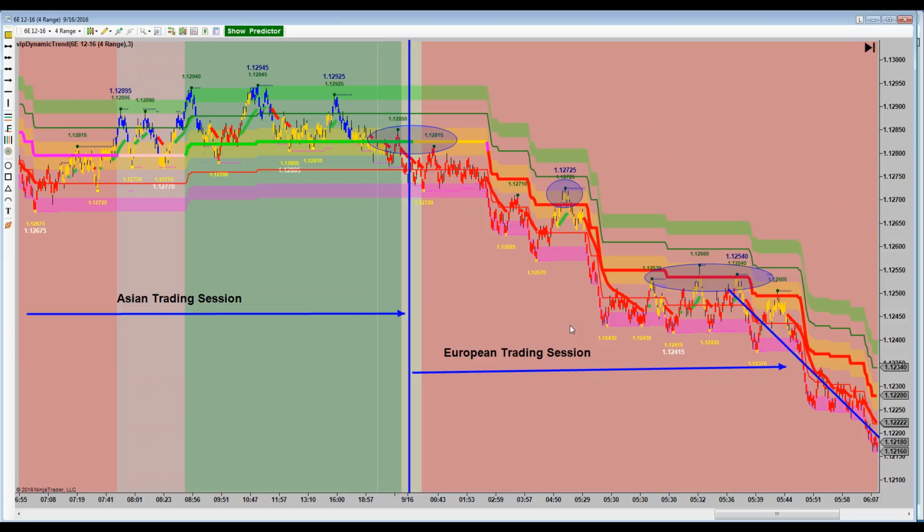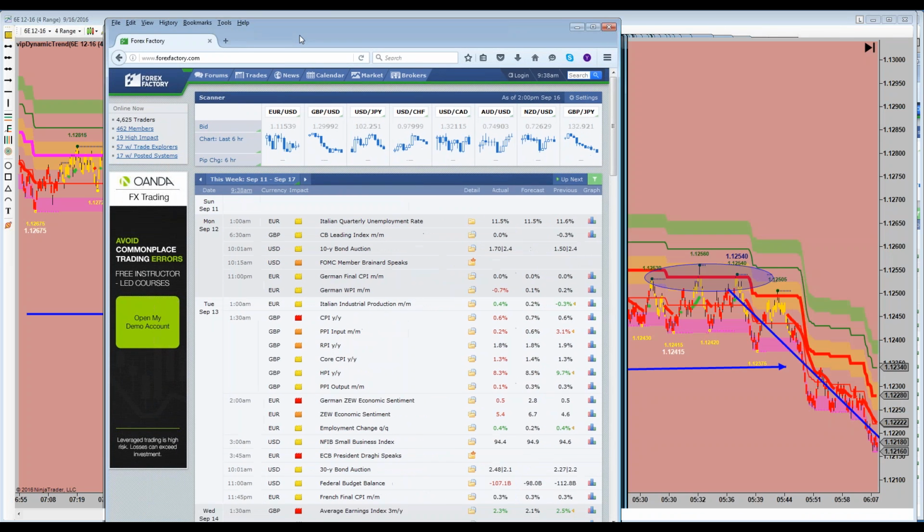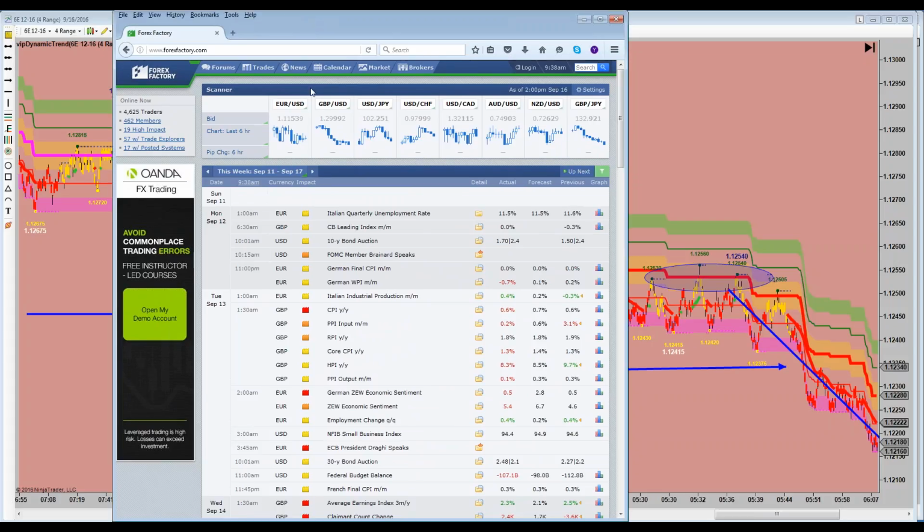Now, if you're going to trade the currencies early, you have to be aware of the news that may affect them. The European sessions and the Asian sessions also have news that affect the currencies and the movement of those equities, like the CAC 40.